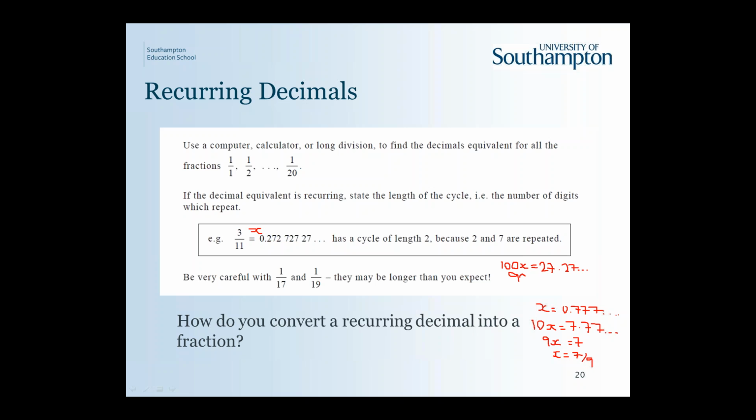So I now take my x away. That leaves me with 27. So x must be 27 over 99, and 9 divided into both of those gives 3/11. That's just a nice little nifty technique.